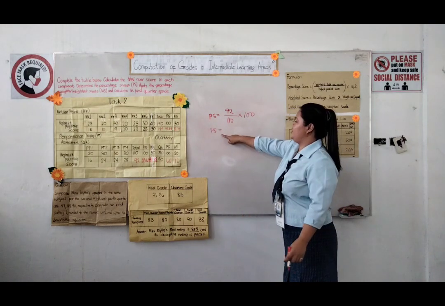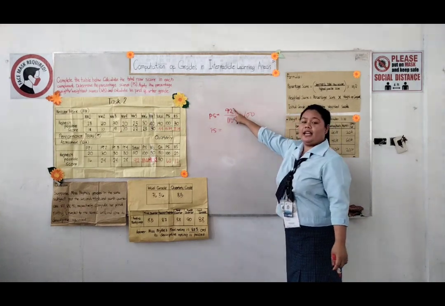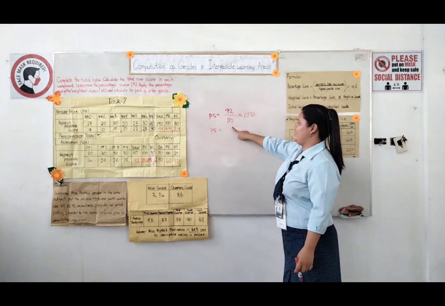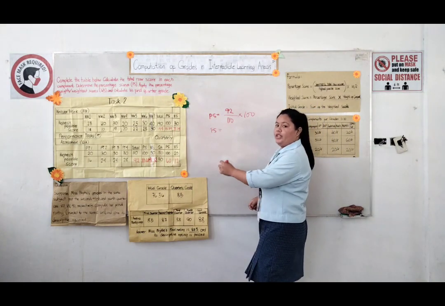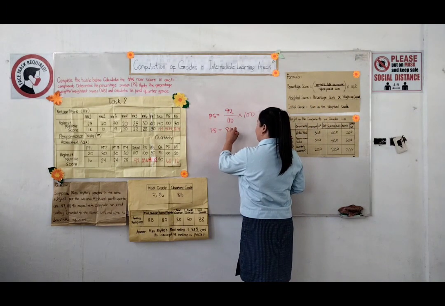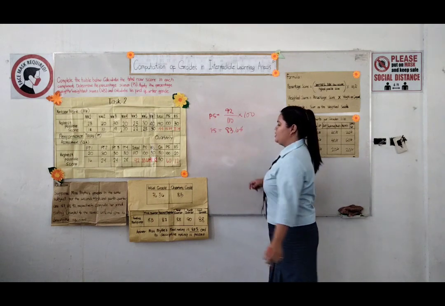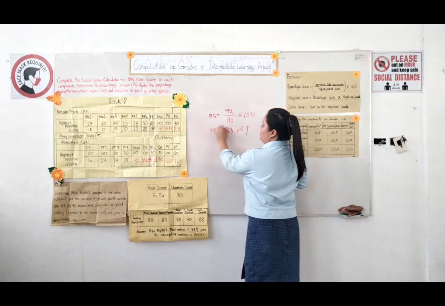So percentage score is equal to 92 divided by 110 times 100, which is equal to 83.64. So we have here the percentage score.